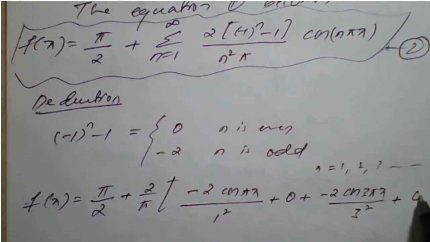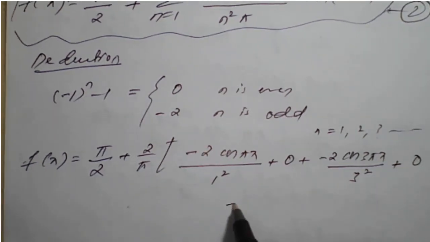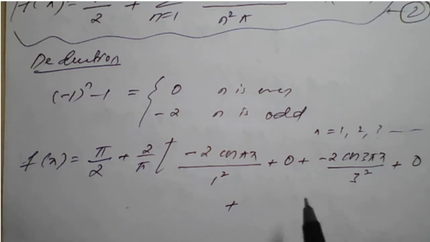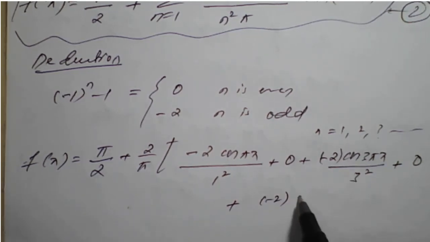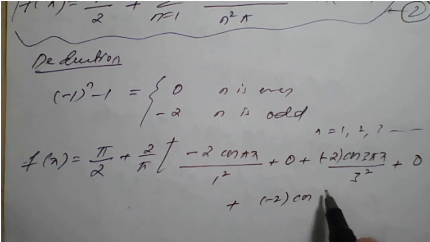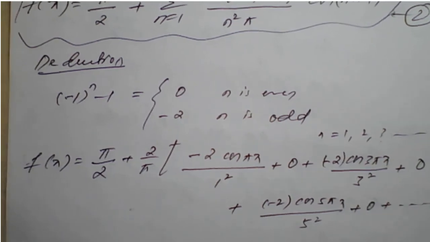Even number 0, plus one more term I will introduce here, odd number 5, so -2 into cos(5πx) divided by 5². Next, 6 is an even number, we'll get 0, plus so on.